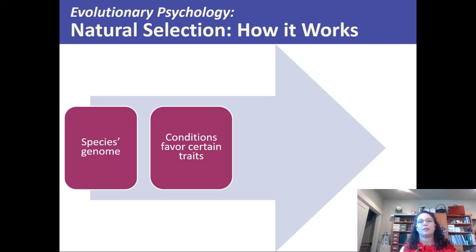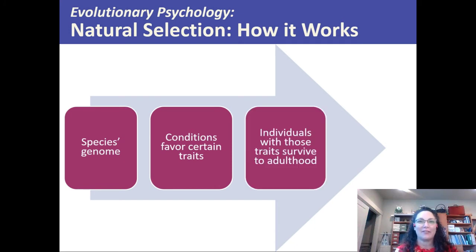So let's say that you're raising a child in the U.S., and the conditions of the U.S. favor outgoingness. Wait for it. Now, this is a little overly dramatic when I give you a personality trait as an example, but the idea is that these traits being favored by the environment, if you possess those traits, you will be more successful.